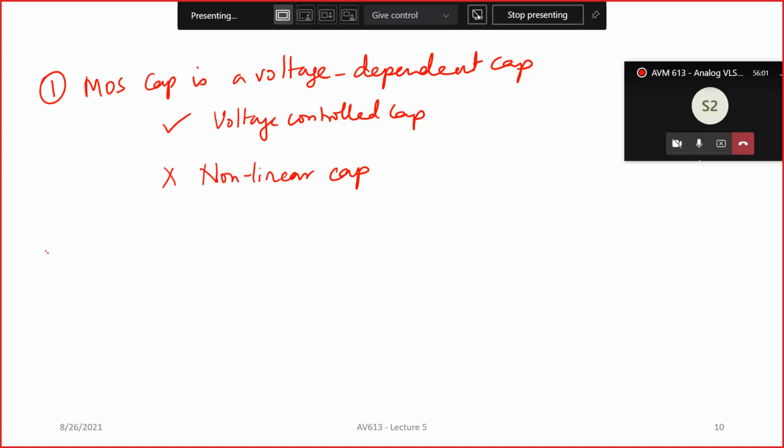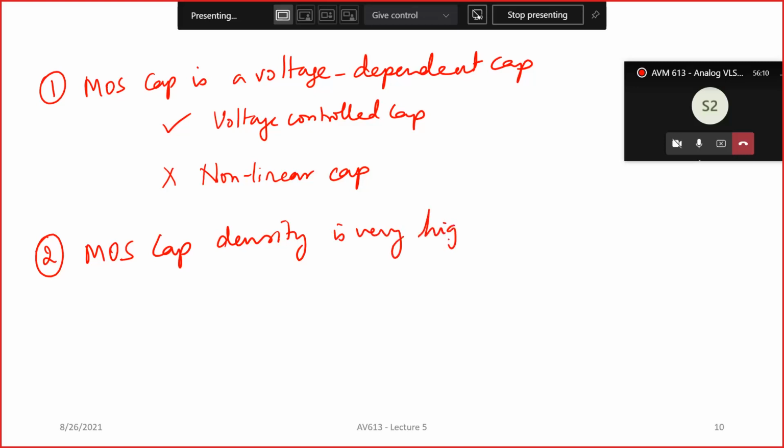But the second point is MOS capacitance density is very high. Because MOS transistors are small, you easily get around 20 femtofarad per square micrometer or even more than that. So it is almost one order of magnitude higher capacitance density when compared to MIM and MOM capacitance.